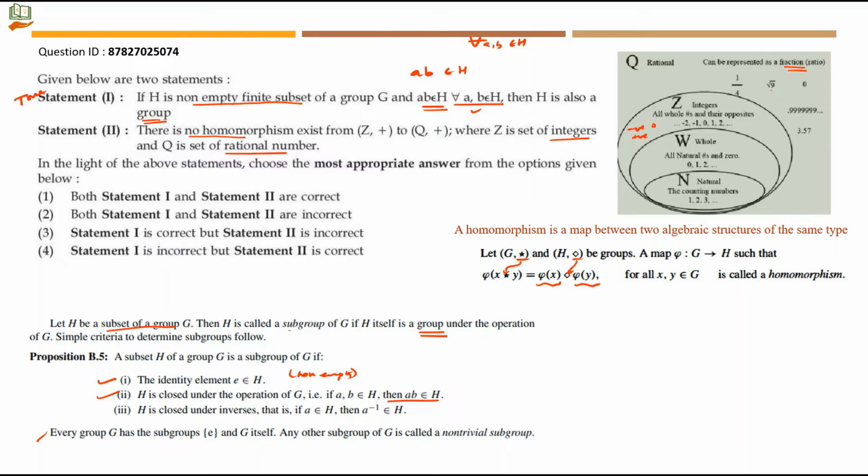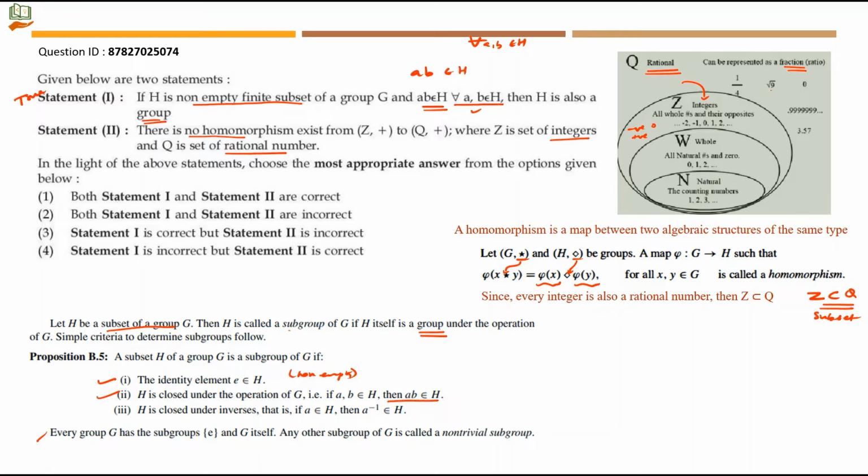We have already solved some working problems in certain question papers where they will be asking us to find the homomorphism. But for this question, every integer is also a rational number, which says that Z is a subset of Q. It means the rational numbers include the integers. Integers include the whole numbers, which include the natural numbers. So in this case, they say there is no homomorphism.